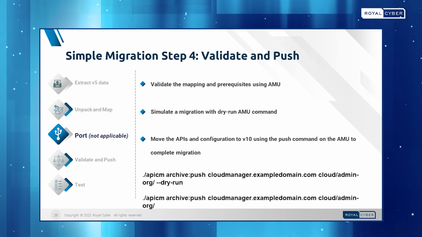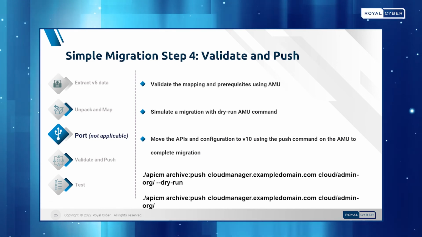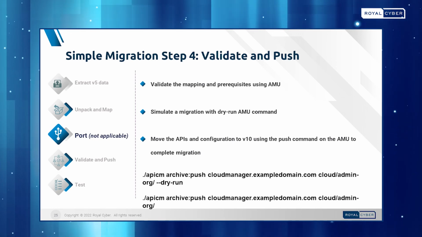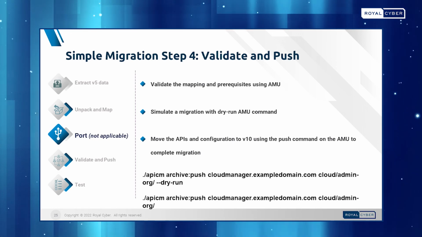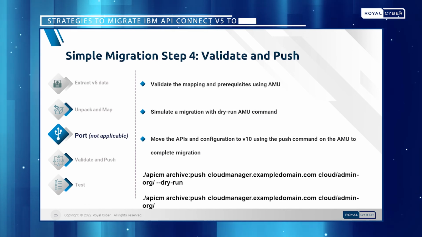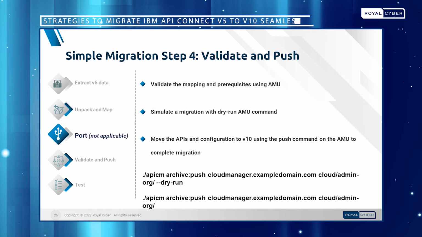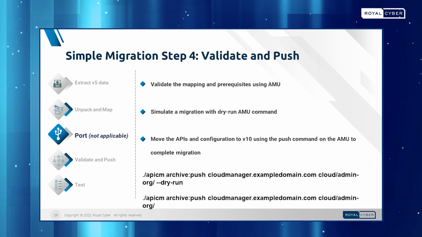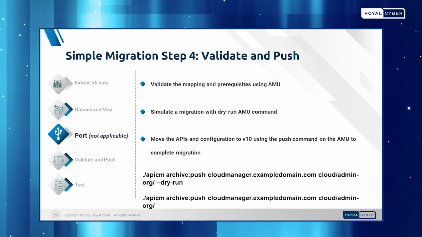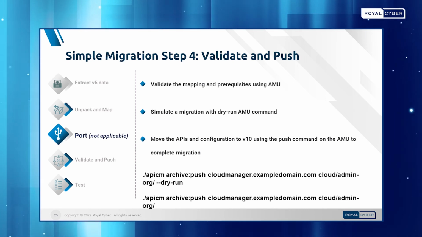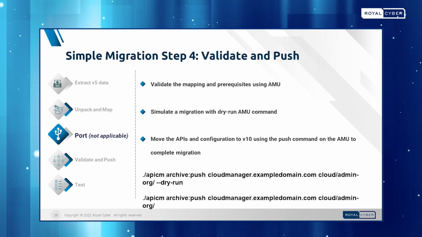Here, after you have unpacked and transformed your archive, you now push it to your target V10 system. Before you run those commands down there, all these commands are available within the AMU tool.